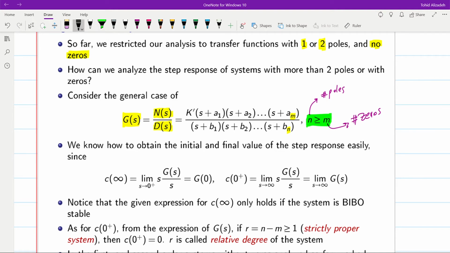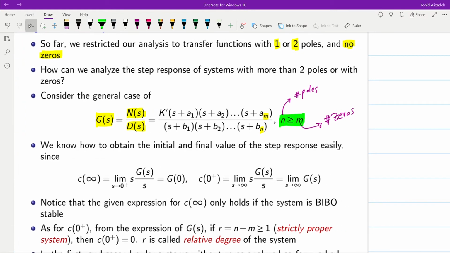I can also remind you about the kinds of systems that we have. If we have n bigger than m, n equal to m, or n smaller than m, we call these systems as follows.